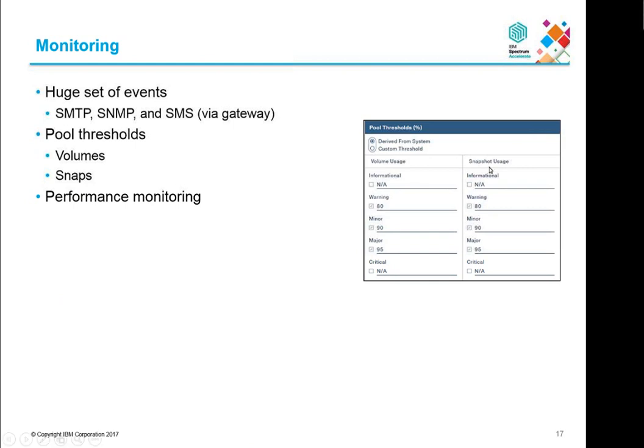I can do a custom one on a pool basis, or I can just leave it at the system level. For most cases, because the A9000 monitors and manages the virtual capacity behind the curtain, setting the four different levels and leaving that set for the whole system is typically adequate.